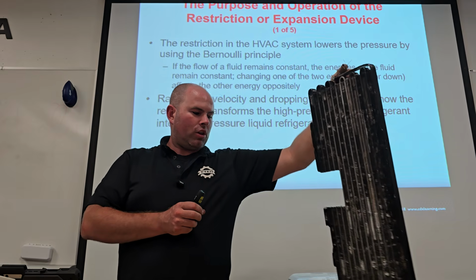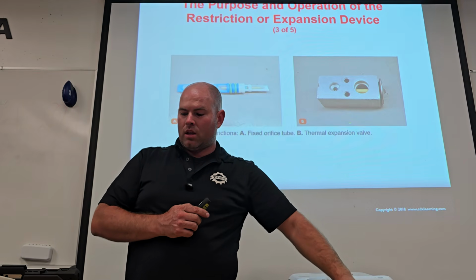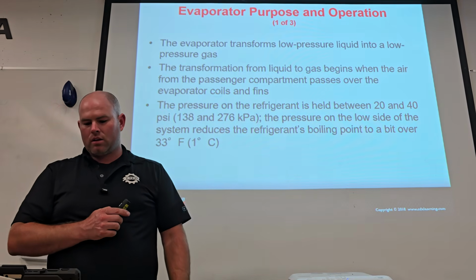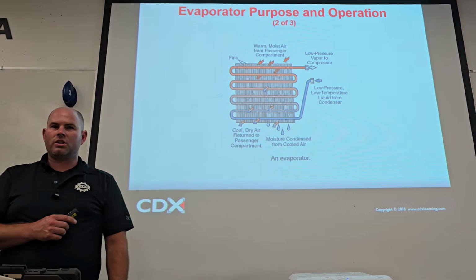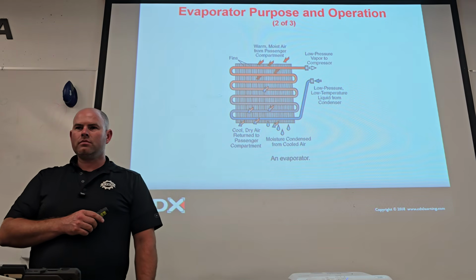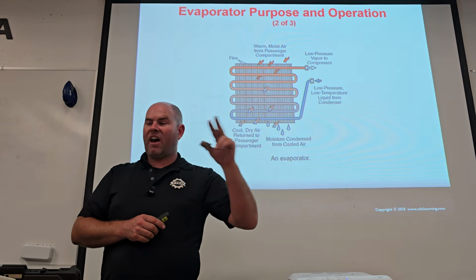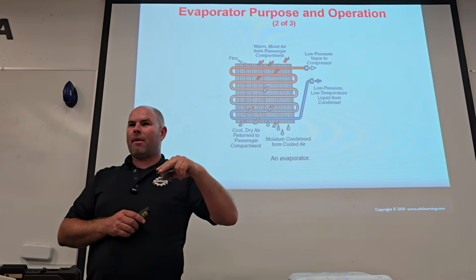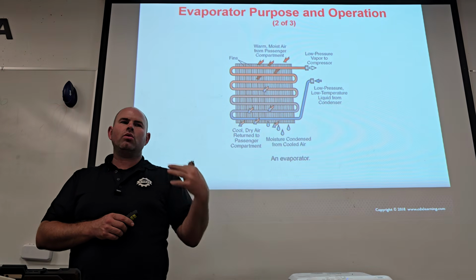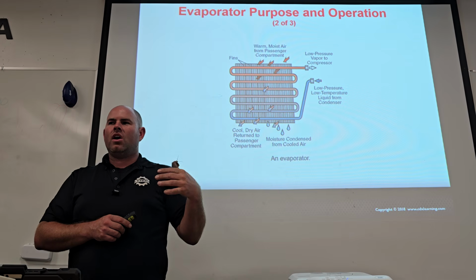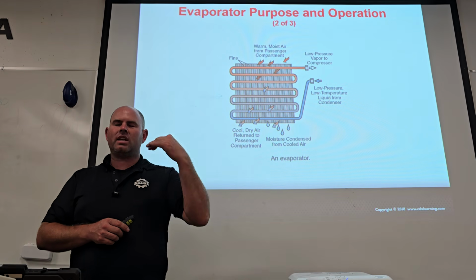Do you know why we want a low pressure in the evaporator? Right here? What are we trying to do in the evaporator? Cool it, yes, but it evaporates, right? Do you know how to evaporate something? You could cool it, you could heat it. Sorry, you're right.